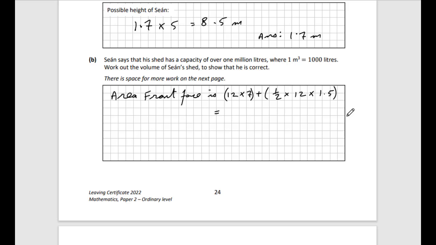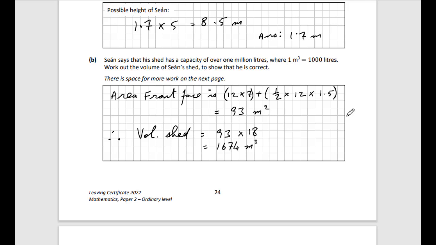Now if you do all of that, you get 84 plus 9, which is 93. So it's 93 meters squared. So therefore the volume of the shed is going to be 93 times the length of the shed, which was 18. And when you do that, you get 1674.